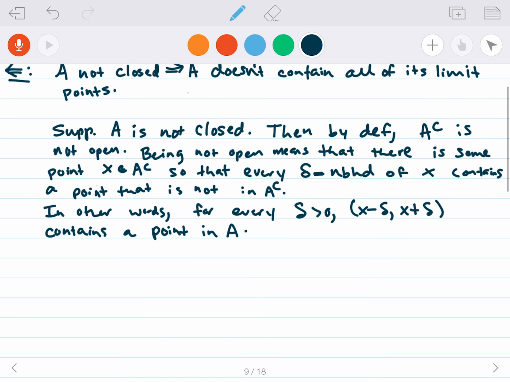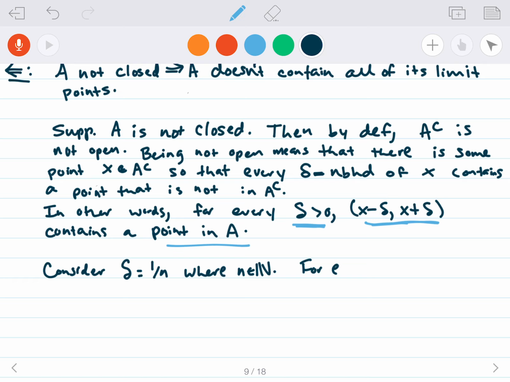Okay, so now we're going to take a specific delta, right? Because this says for any delta bigger than 0, this neighborhood contains a point that's in A. So the sequence of deltas that I'm going to pick to complete this proof is delta equals 1 over n, where n is a natural number.